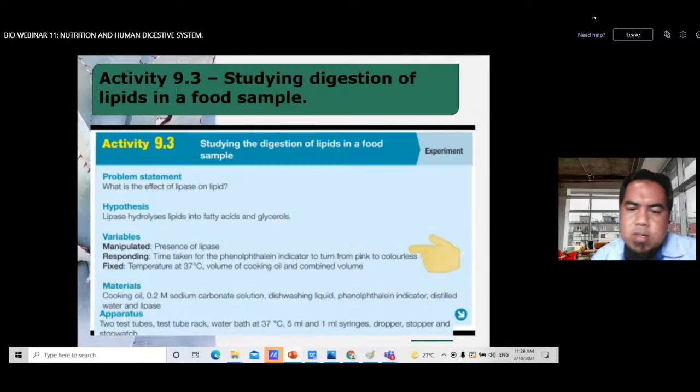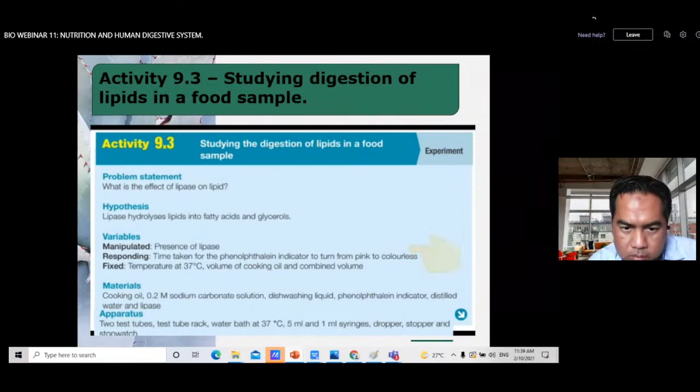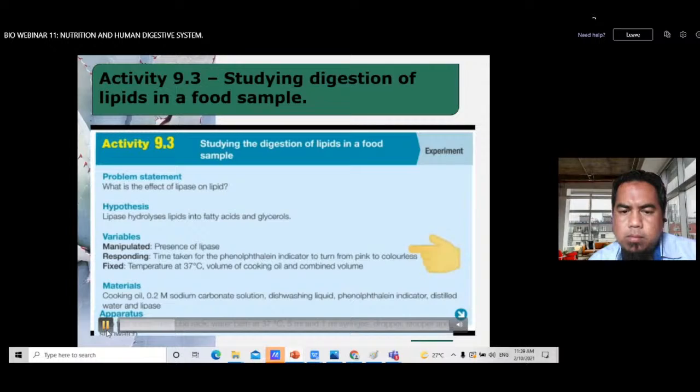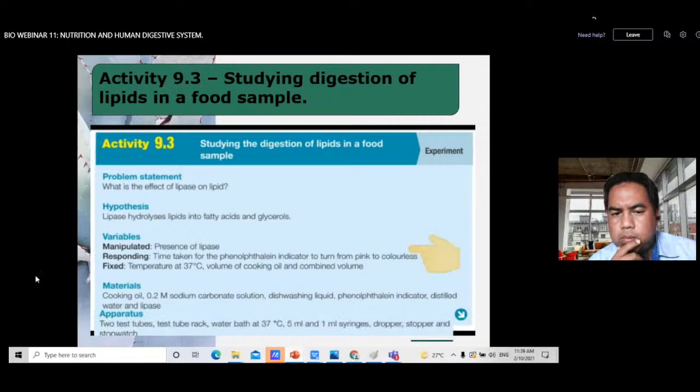For variables, manipulated variable: the presence of lipase. Responding variable: time taken for the phenolphthalein indicator to turn from pink to colorless. Fixed variables: temperature at 37 degrees Celsius, volume of cooking oil, and combined volume.